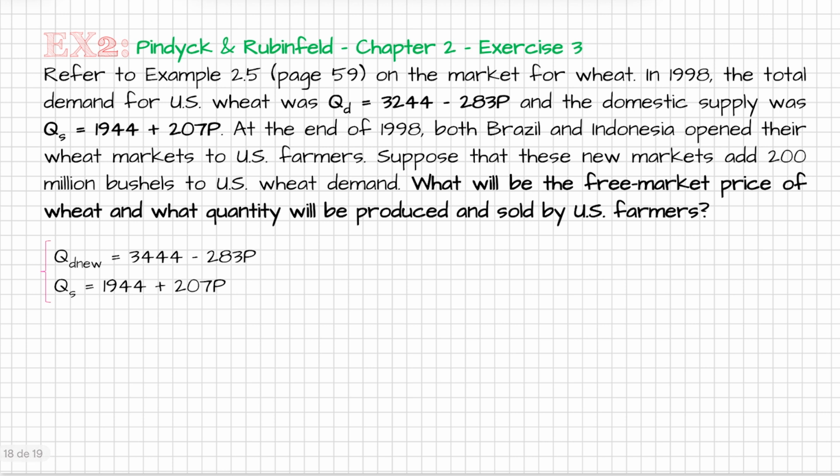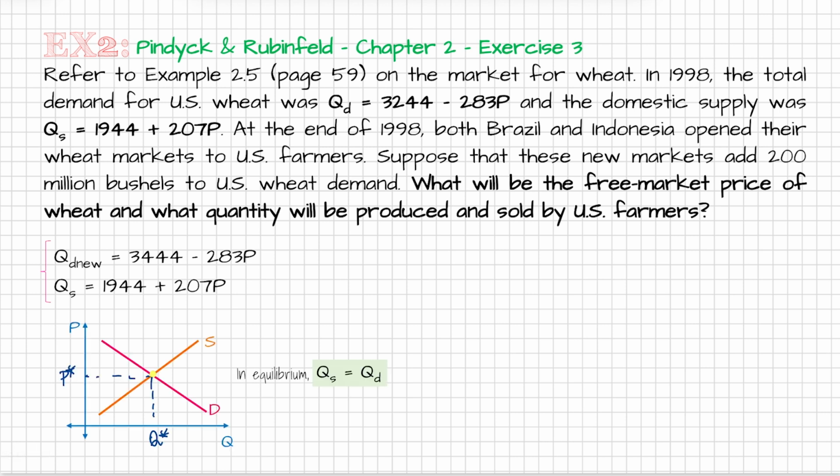To do that, we need to remember that in equilibrium, the quantity demanded is equal to the quantity supplied. So QD new is equal to QS. So we set the equations equal to each other. 3,444 minus 283P equals 1,944 plus 207P. Now we can replace both P by P star, the equilibrium price.